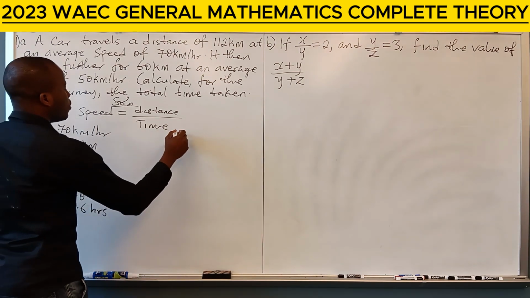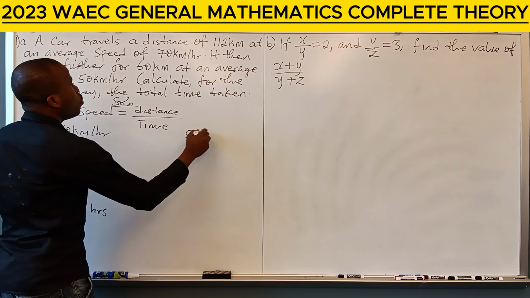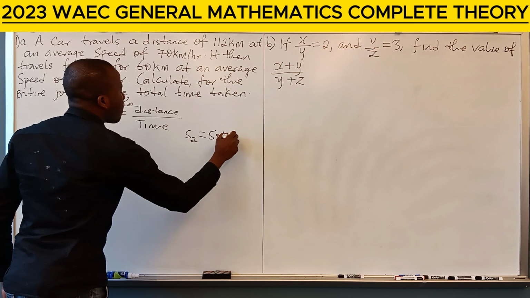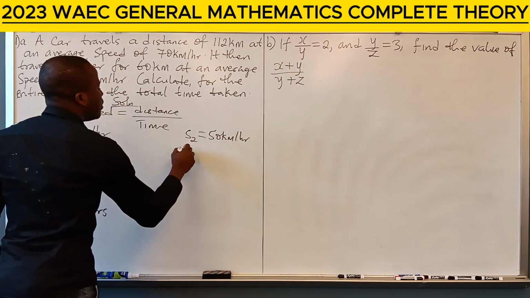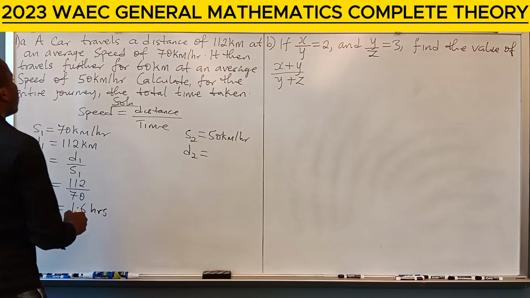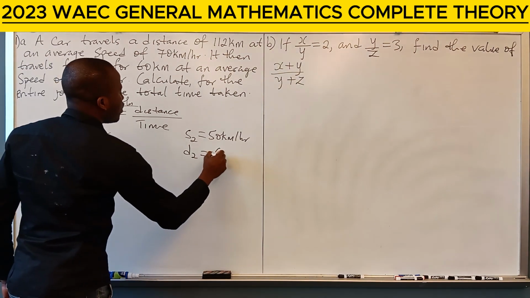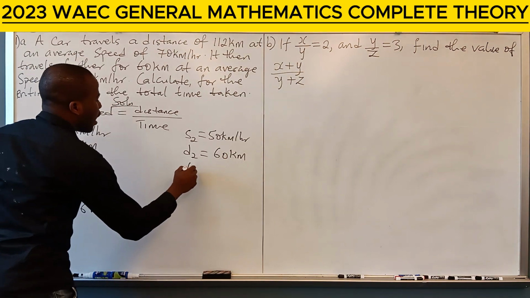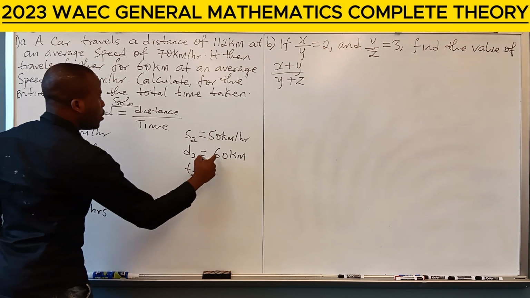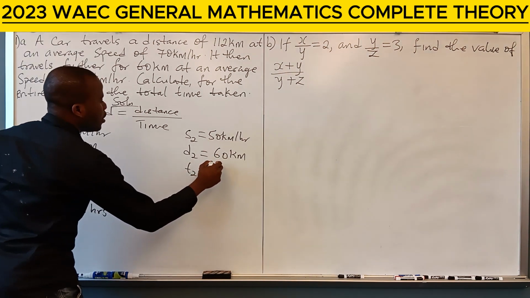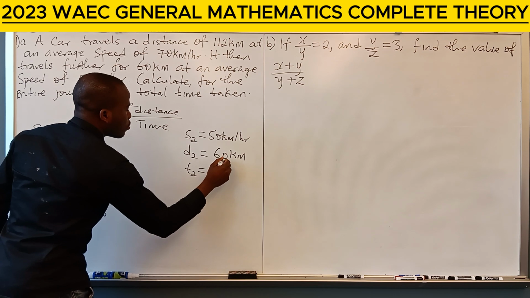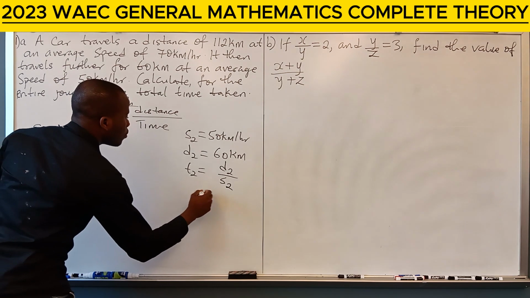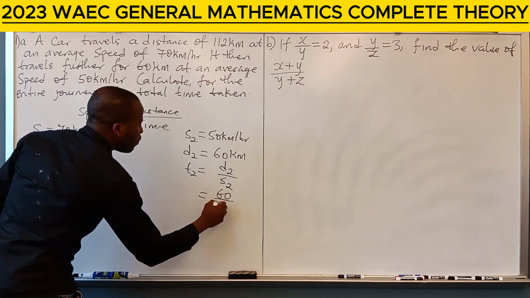For the second journey, S2, the speed is 50 kilometers per hour, and the distance is 60 kilometers, and the time, as usual, will be the distance over speed, which is 60 over 50.